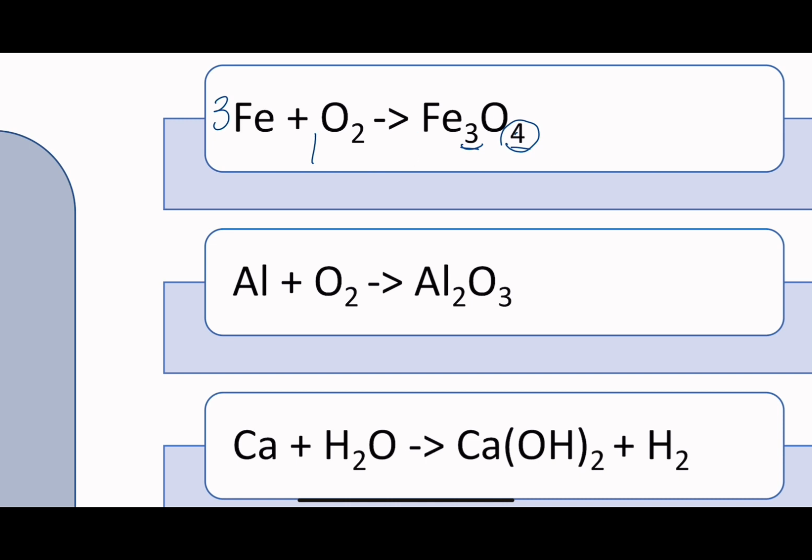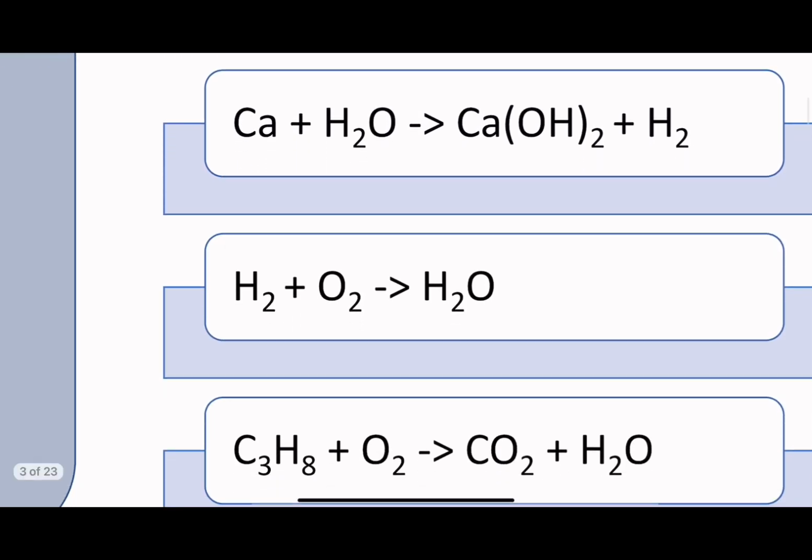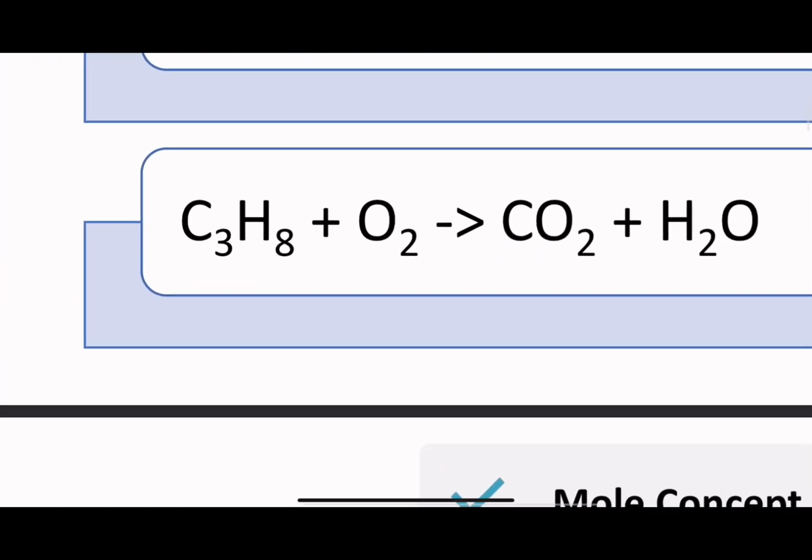So over here, since I got 4 oxygen, I will add 2 in here, and 2 times 2 gives you 4. So 3 irons and 4 oxygens, which is the same as in here. So this reaction is balanced. I'll do one more in the bottom for this one.